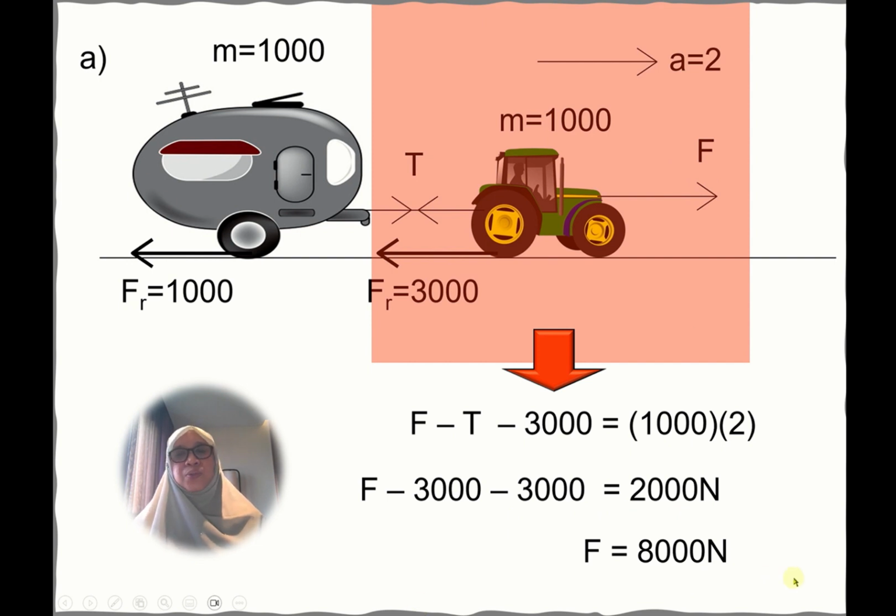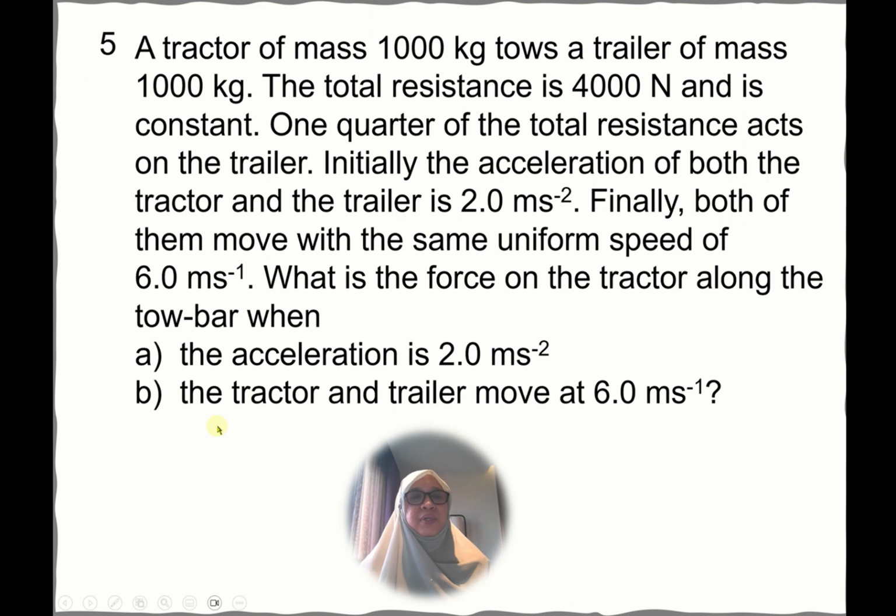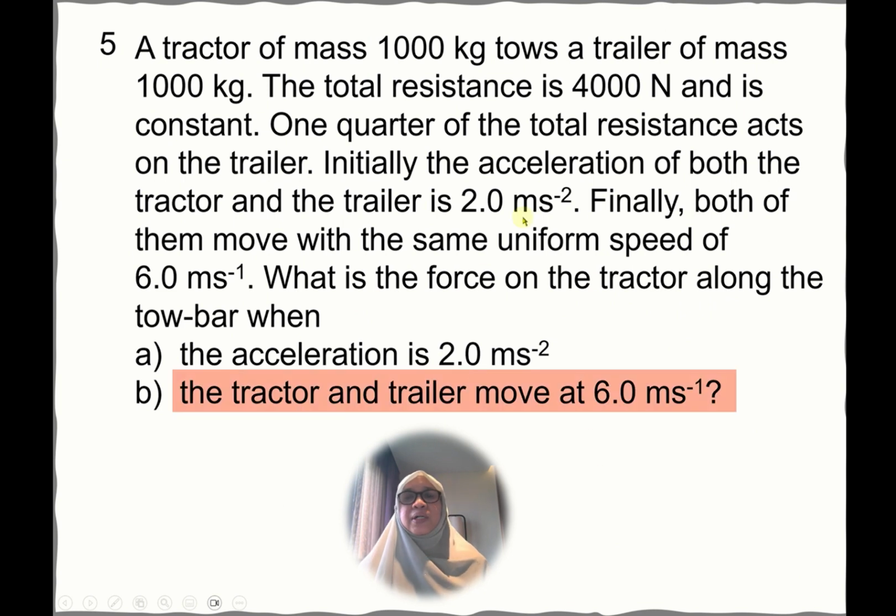Okay, next we go to question B. Question B asks for the force on the tractor along the tow bar when the tractor and trailer move at 6 meter per second. This is mentioned in the question here: finally, both of them move with the same uniform speed of 6 meter per second.